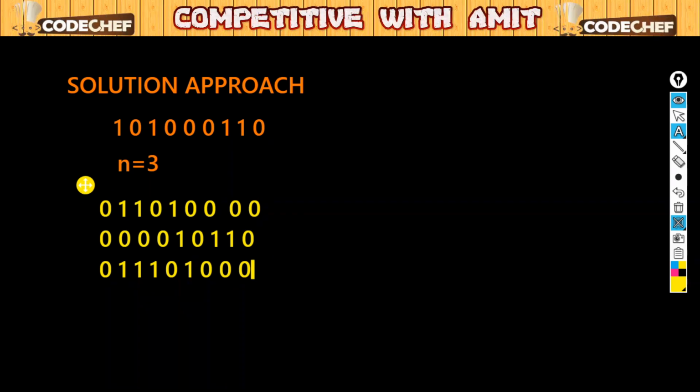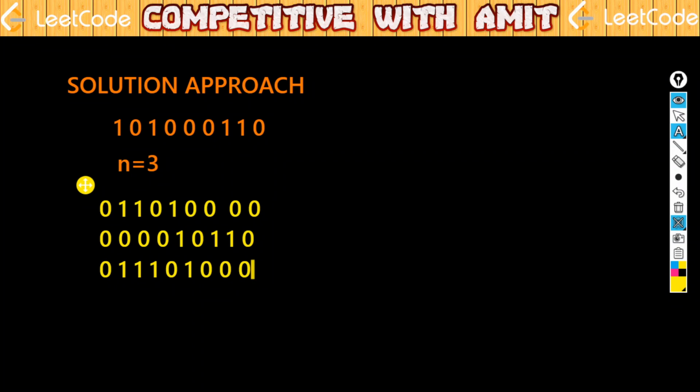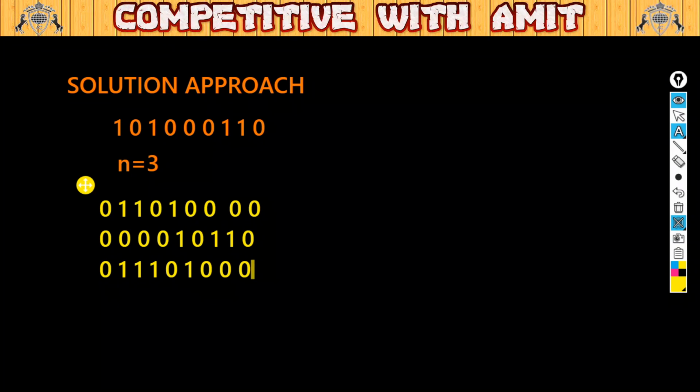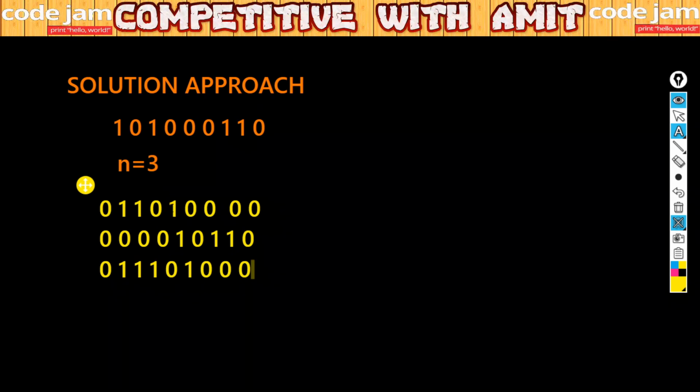So for solving this question, we will directly apply the brute force. Many of you may not understand what brute force is. Brute force is a technique in which we just apply the solution the way the question is saying. Suppose the question is saying that we will check two conditions, this and this, and then update.